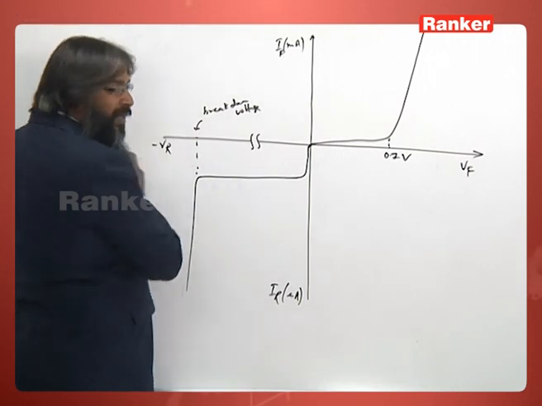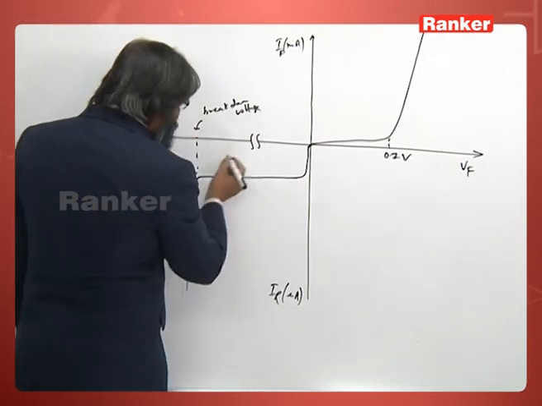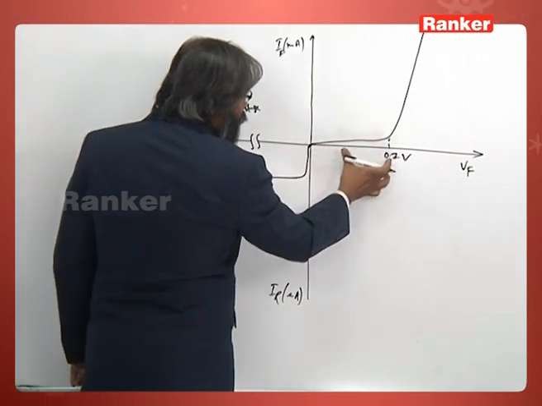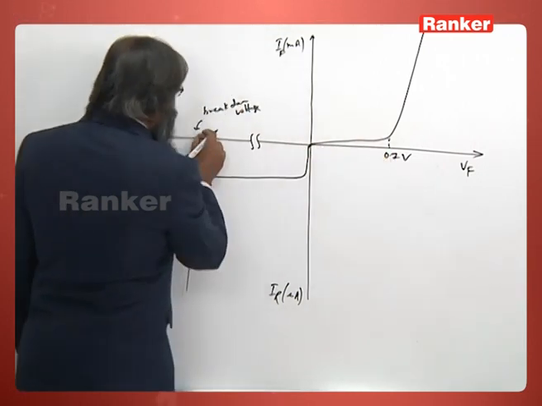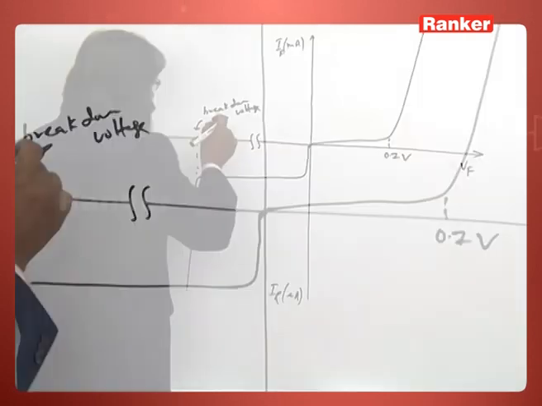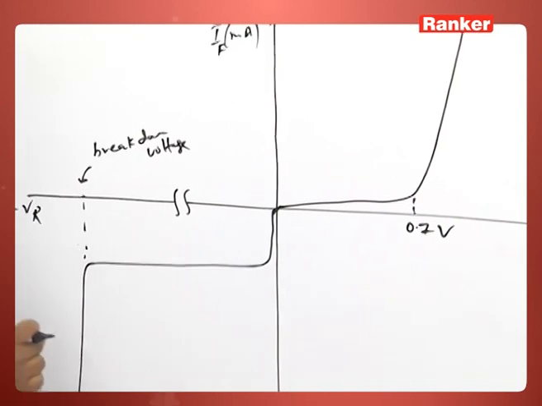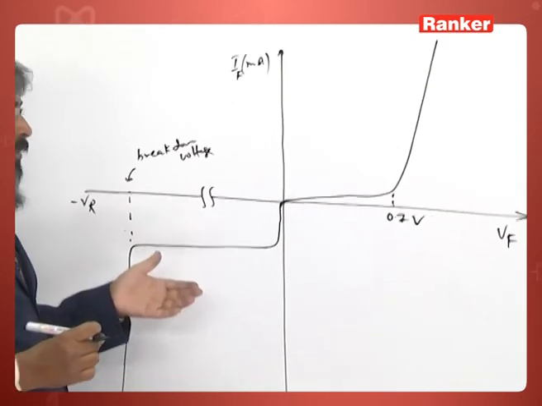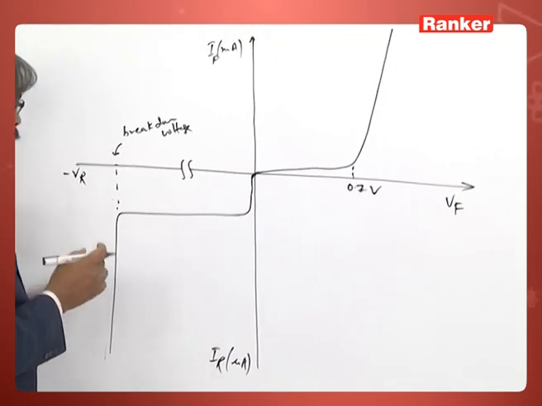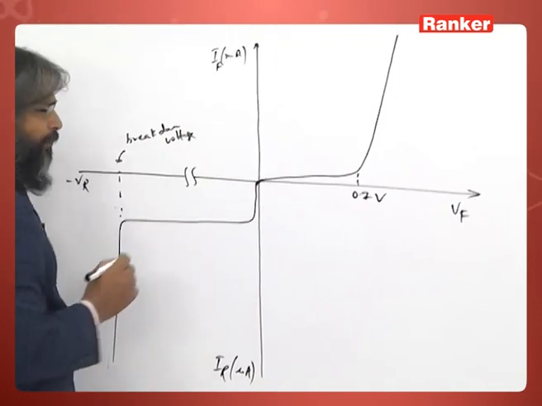That means at a large voltage compared to this voltage: here you see 0.7, but this is nearly 40, 50, 75, even 20 volts. Depending on the usage, the breakdown voltage is different for different diodes. So this is the breakdown voltage.